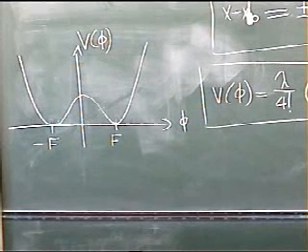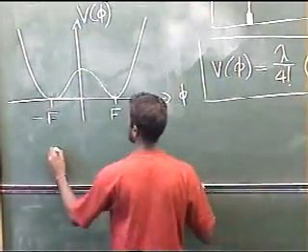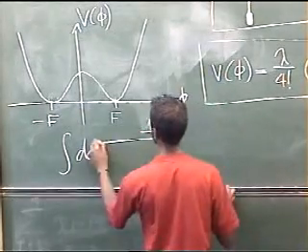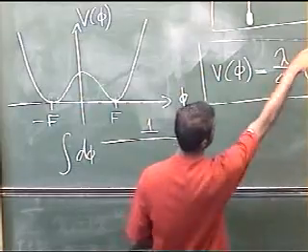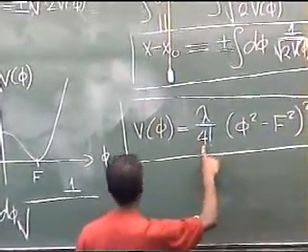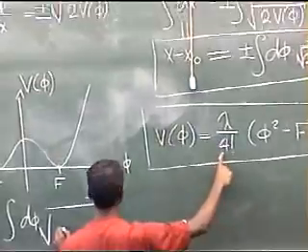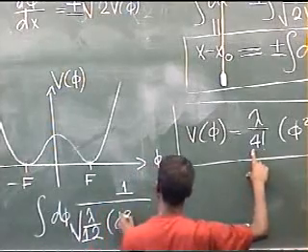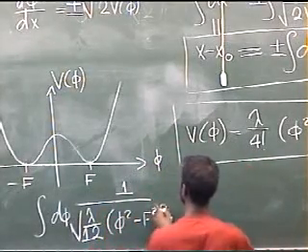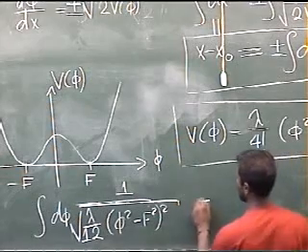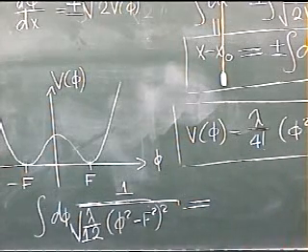You can take this form and plug it into the equation up there, and you can integrate it. So let's do that. What we want to do is find the integral d phi times 1 over the square root of 2 times V of phi. So that's root 2 times lambda over 4 factorial. 4 factorial is 24, so it's lambda over 12 times phi squared minus f squared, squared. That's a pretty elementary integral to do.